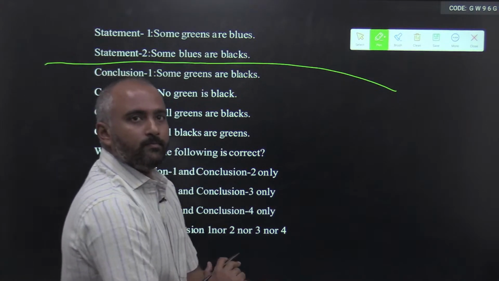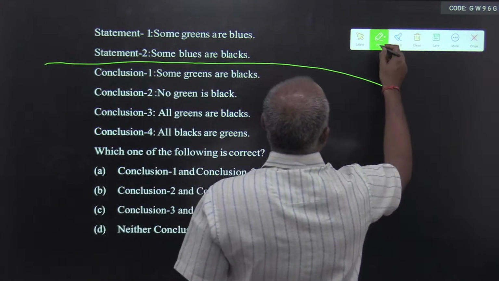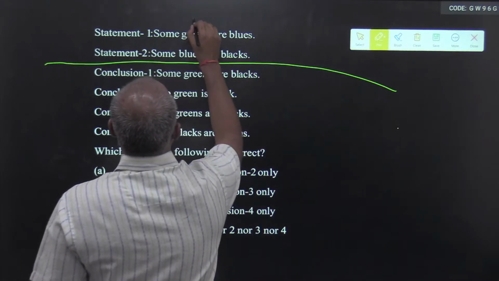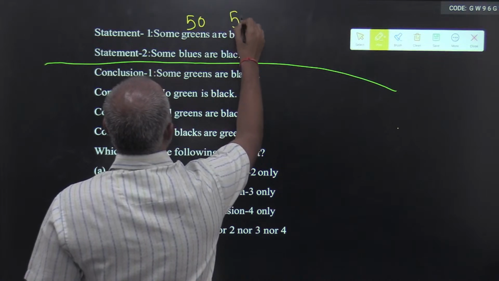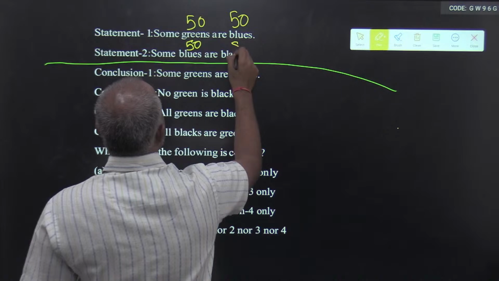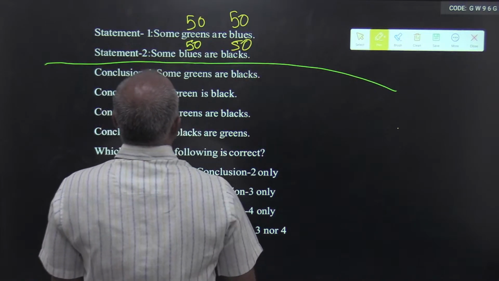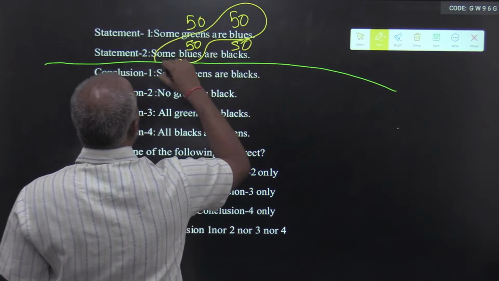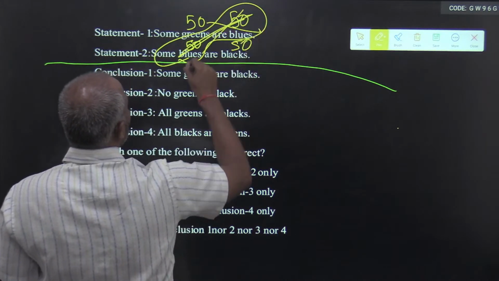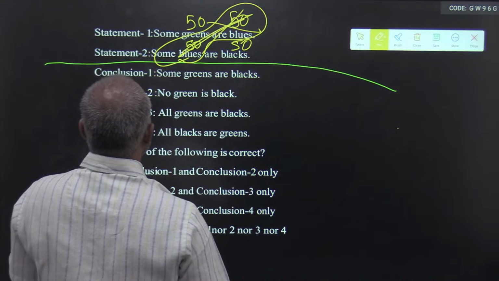I hope you have solved this. Some is 50, a positive statement, that's why 50. Some again, particular, 50, positive statements 50. Can you make a relationship between these? The common element, which is blue, only has a value of 50, so no conclusion can be drawn.